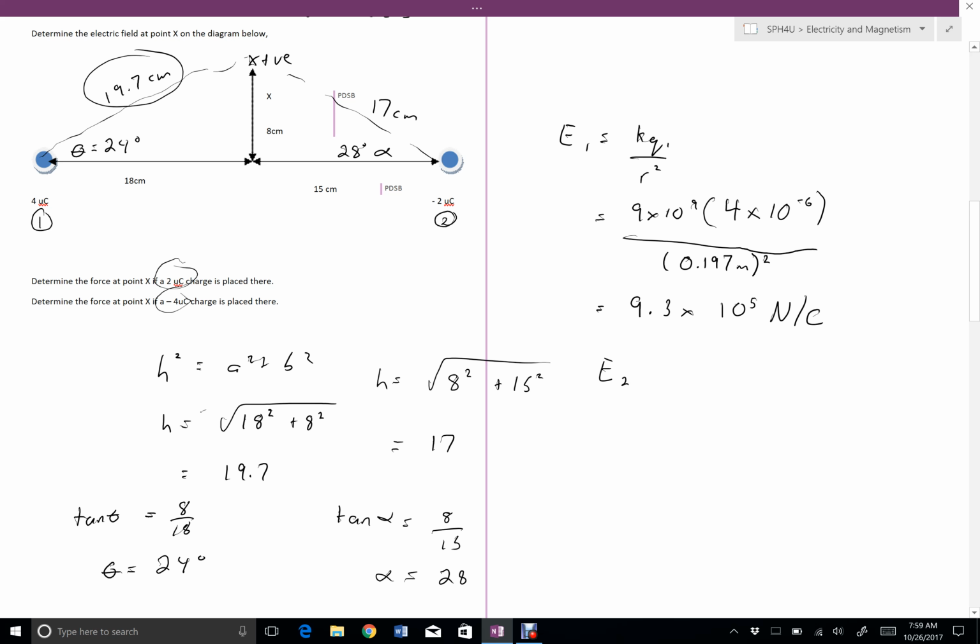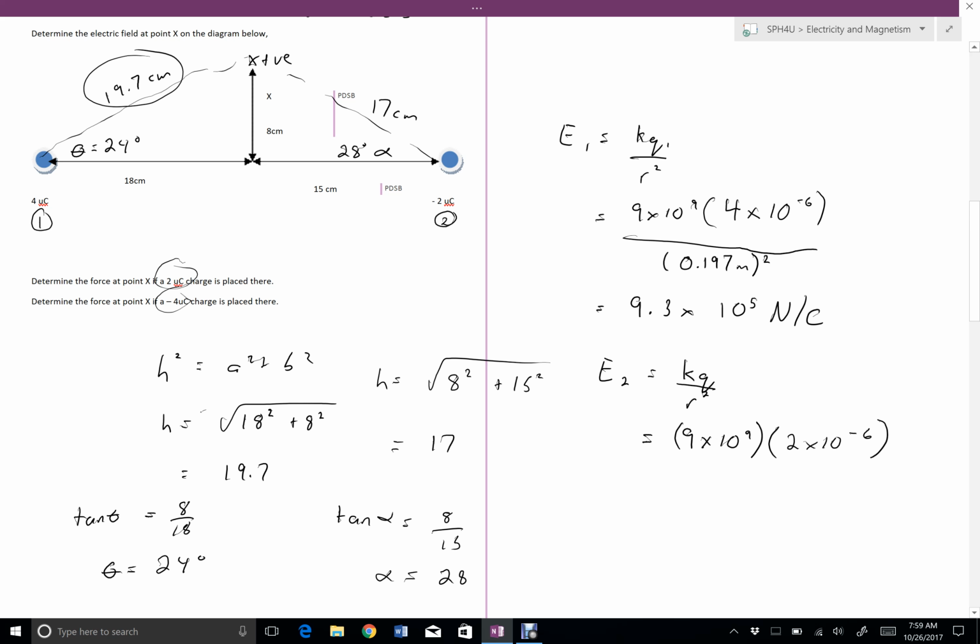And E2, same formula here, E2 equals kQ over r squared, which is 9 times 10 to the 9. Q is 2 times 10 to the negative 6.